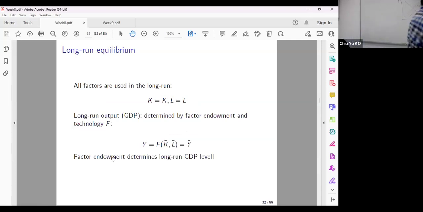Now, as we said, the model in the long run, capital and labor is given by the endowment, right? Because you can't create capital and labor out of thin air, right? This is what we have, okay? And that means that GDP is determined by technology and your endowment, right?